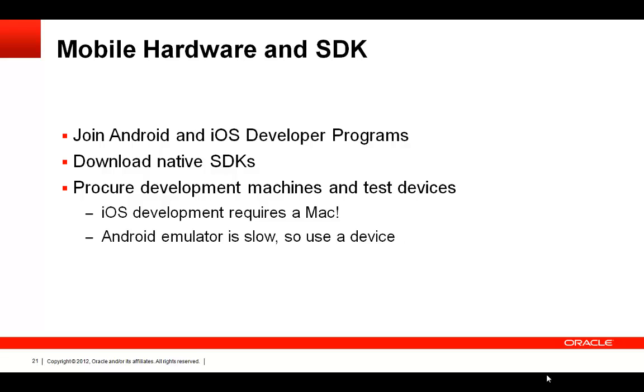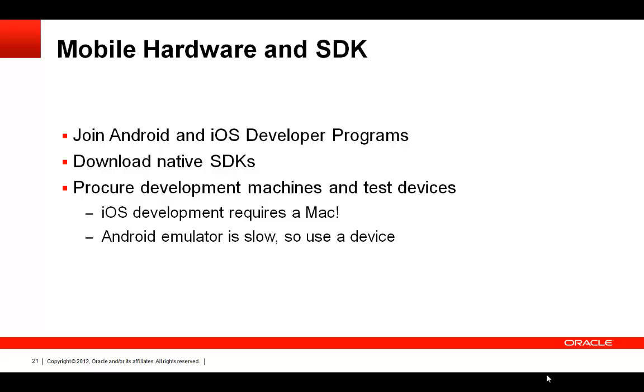For specific situations, you might also need to acquire and procure new development machines and test devices. For example, if you're targeting an application to be deployed on an iOS operating system, on the Apple operating system, you can only do that from a Mac machine. So you'll need to acquire a Mac machine to do that.